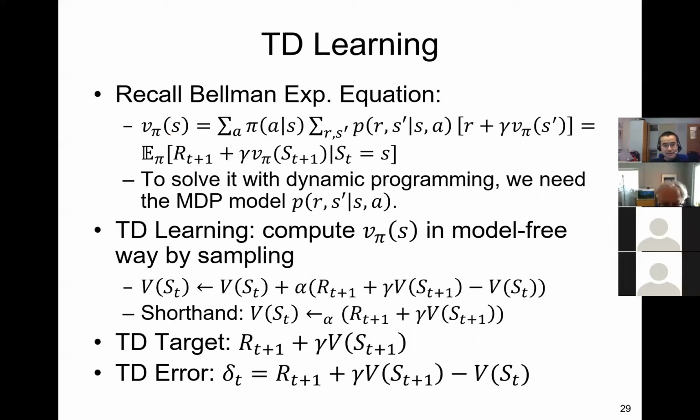So for TD learning, if you recall the Bellman expectation equation we saw before, if we solve it with dynamic programming, we need the MDP model P. For TD learning, we're model free. We don't have the MDP model, so we evaluate the expectation by sampling.